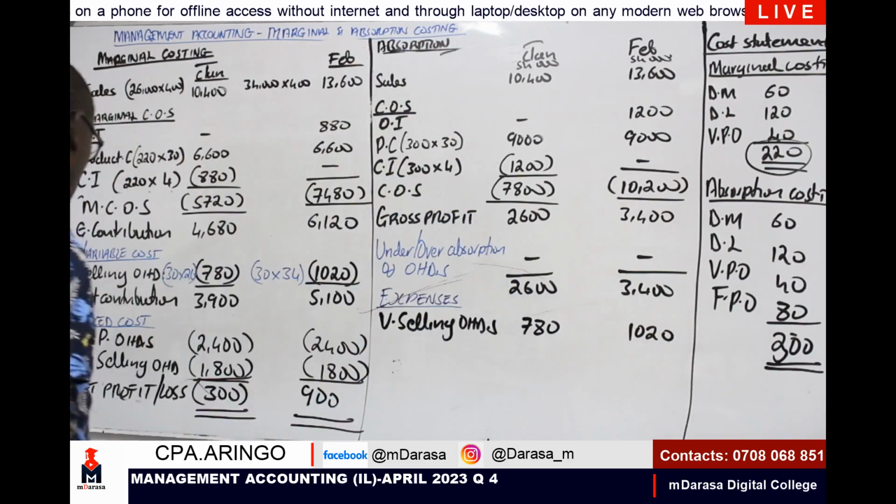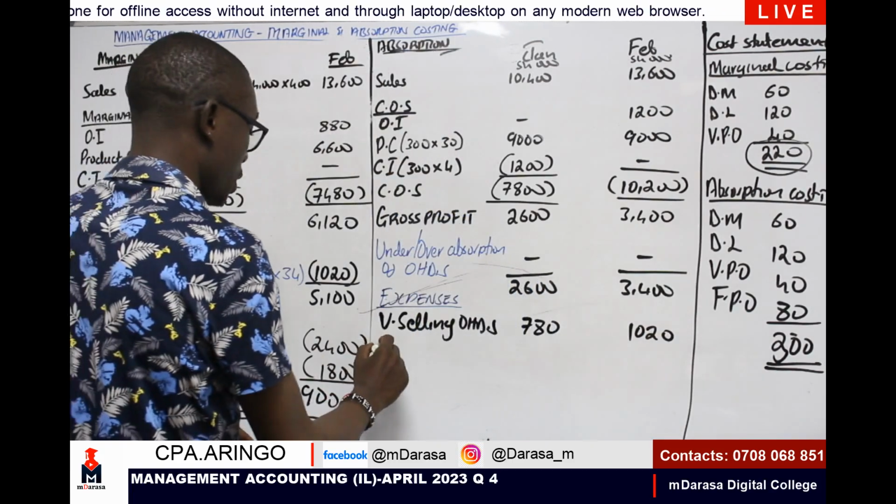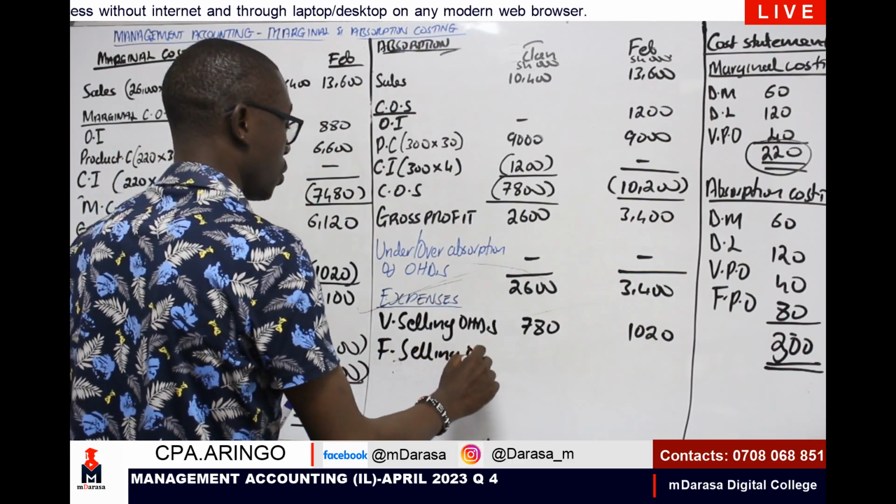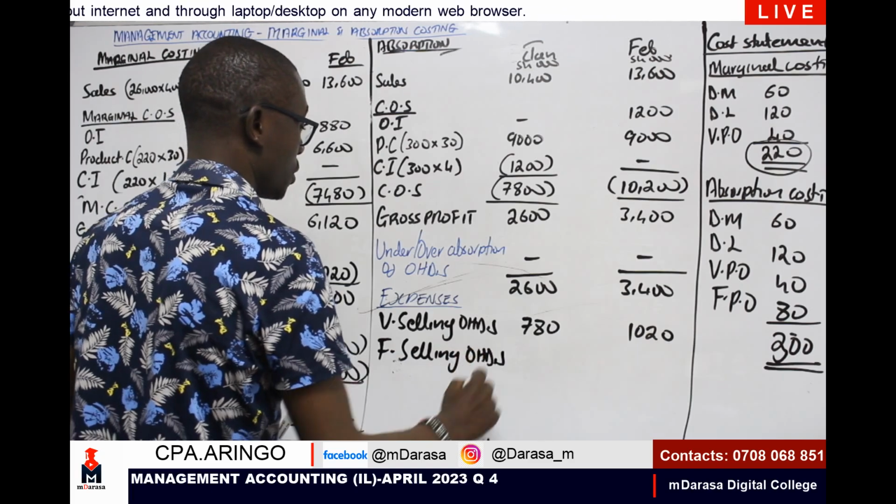I'm going to have fixed selling OHDs. So I'm going to have basically 1.8 and 1.8. So literally, this is our expenses. So once we have that case, my good students, what next?